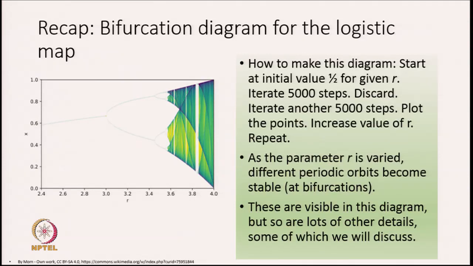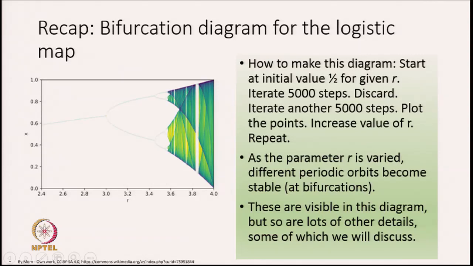The practical way for those of you who would like to generate such a picture is to do the following. You start with the map maximum. For technical reasons, instead of starting at exactly the point half, you can start at 0.50001 or something which is close to half, but not exactly half.